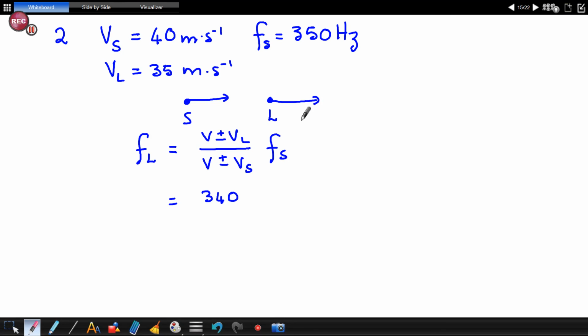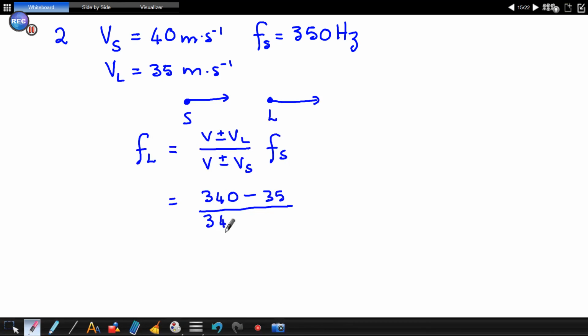What's the listener trying to do? Running away. So what is he trying to do? He's trying to decrease the frequency observed. So what must I do here? Minus the 35. I hope it's making sense. Then we've got the source.